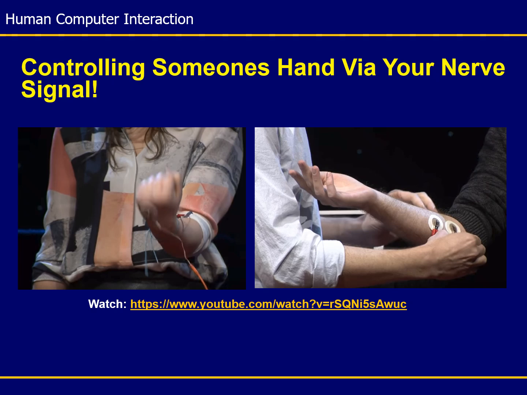So she will move her arm, and he will involuntarily move his arm, doing the same movement she is doing. Okay, so he has no control anymore on his arm. She is controlling his arm, or the system is basically controlling his arm by capturing the signal from what she is doing and replaying it in his arm.